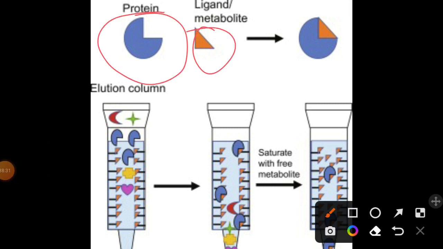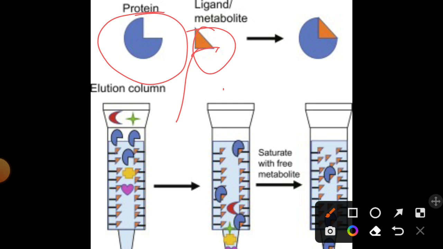So here the interaction is non-covalent. Now I want to tell you what a ligand is. Ligands are nothing but immobilized compounds that act as a molecular fish hook. They have the ability to specifically pick up proteins from a mixture of the sample.